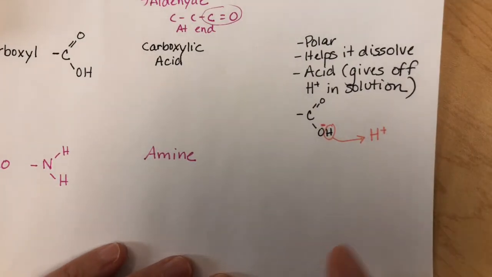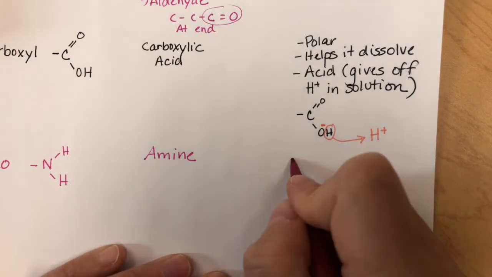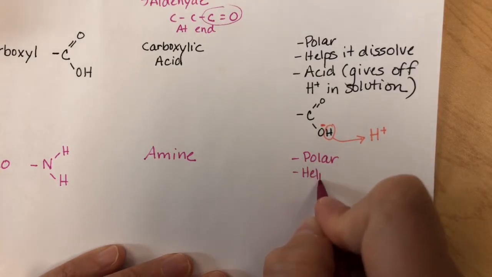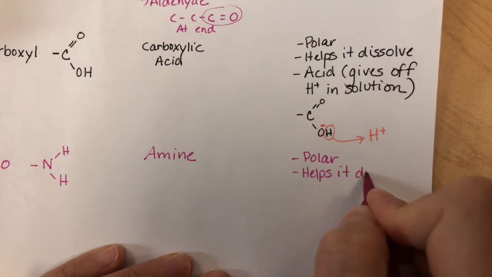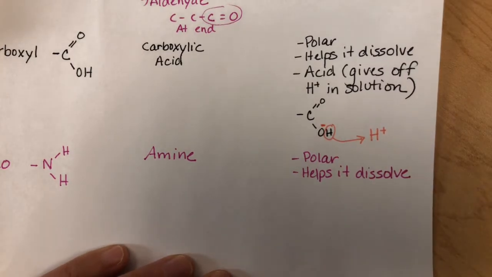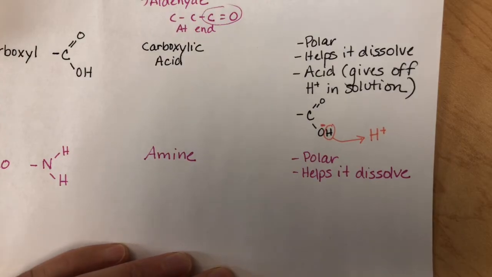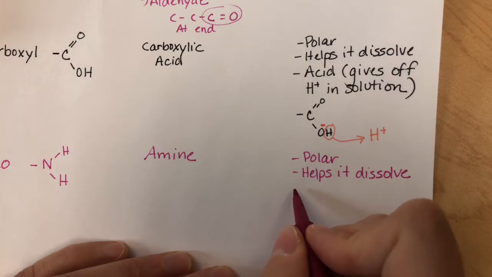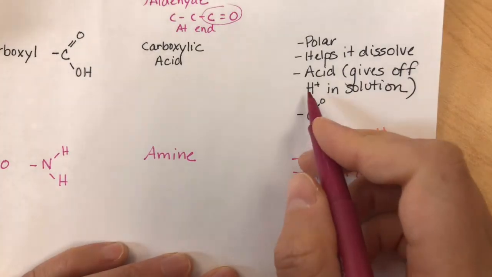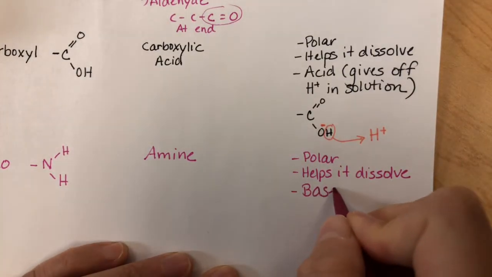And the properties. So again, it would be polar, helps it dissolve. So that's the same, hitting home that those two things are the same through most of these functional groups. But something unique about the amino group, this one acted as an acid, this one acts as a base.